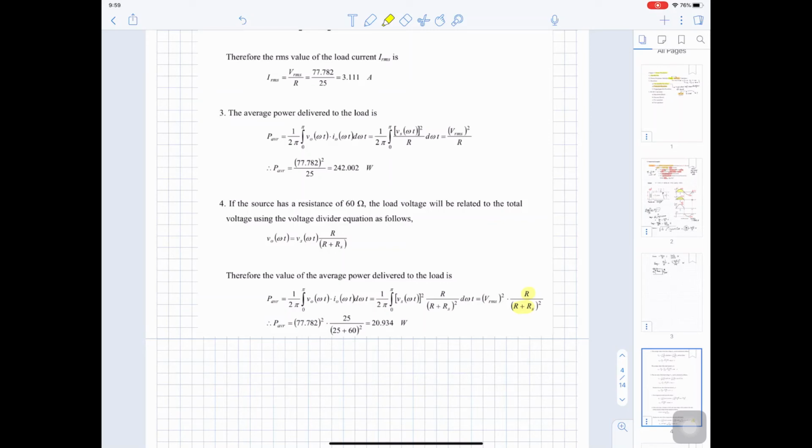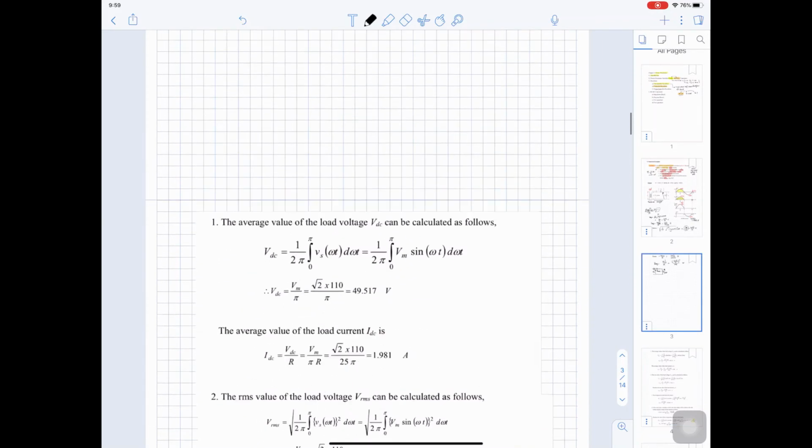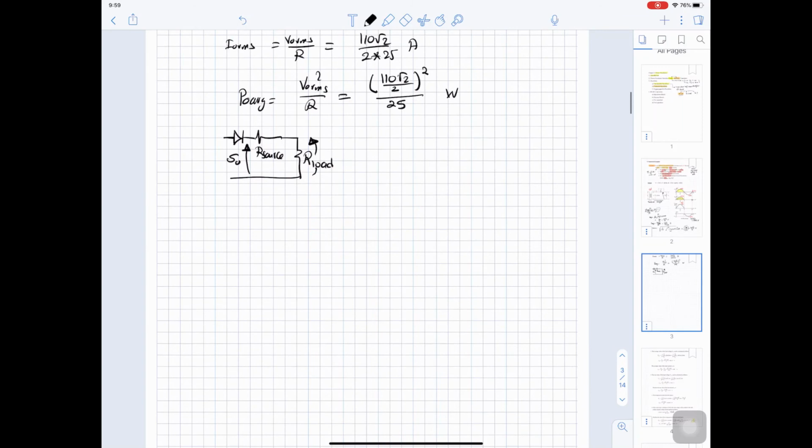So what we will do here, we use the voltage divider rule to find V out, and then we can find P out average. So V over the resistance will be V out of T multiplied by R load divided by R source plus R load, and this is the voltage divider rule.